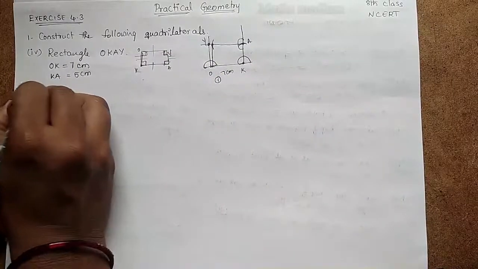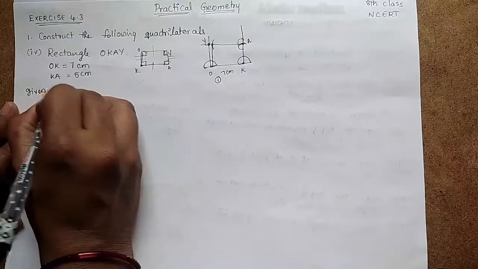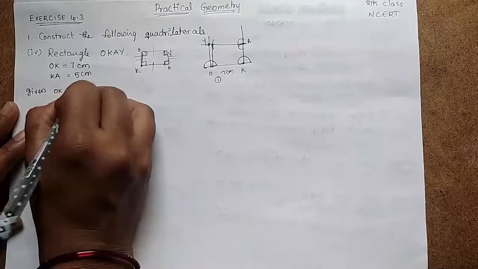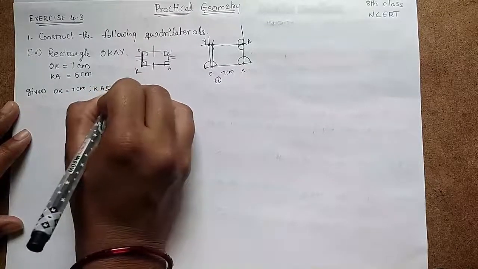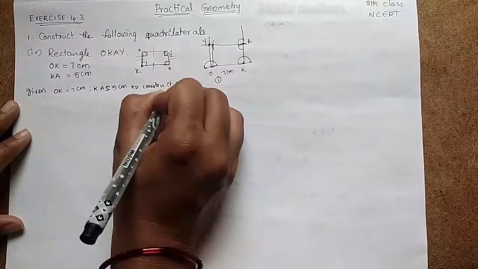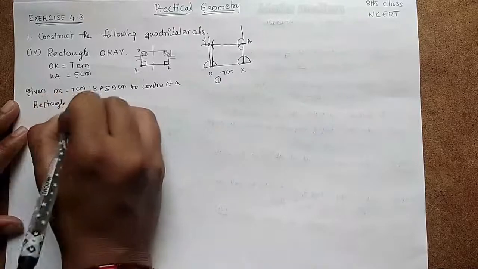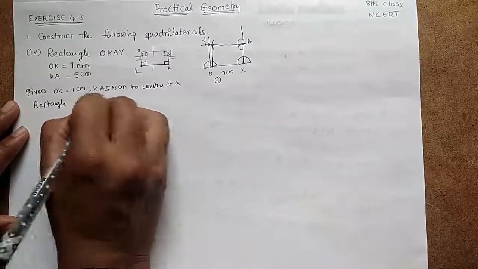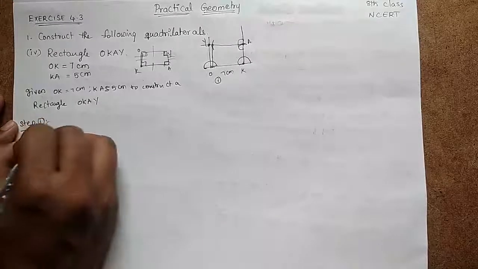Before going into the step by step procedure, we have to write the given. Given OK is equal to 7 centimeters, KA is equal to 5 centimeters. To construct a rectangle OKAY.